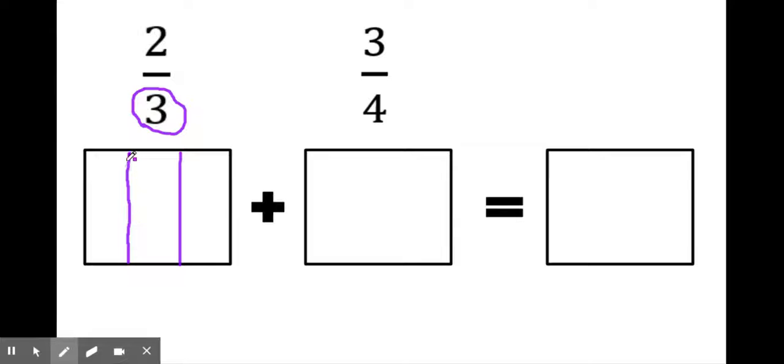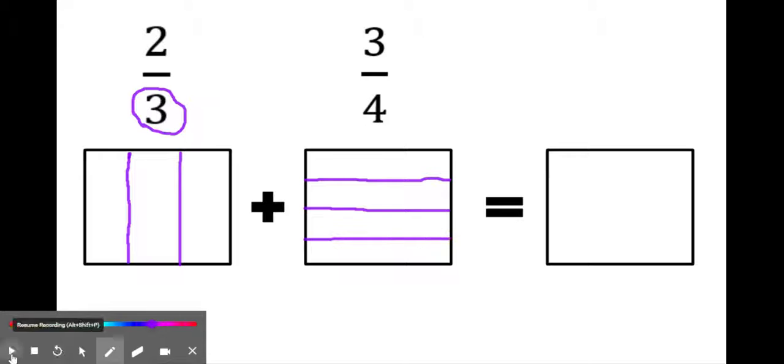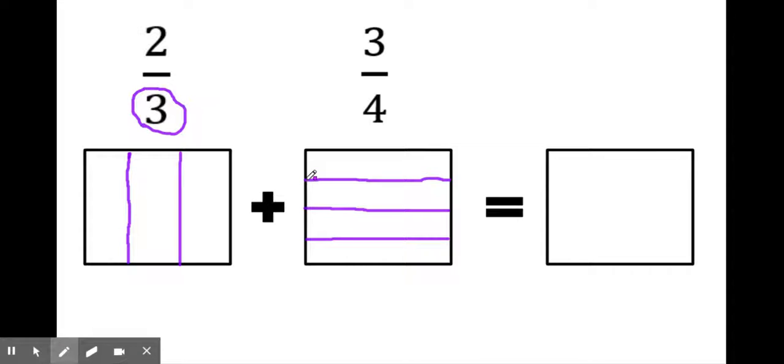This one will be divided vertically, which means up and down, while our second fraction we will divide horizontally, which means from left to right. You want to make sure you have divided your rectangles into equal pieces as much as you possibly can.